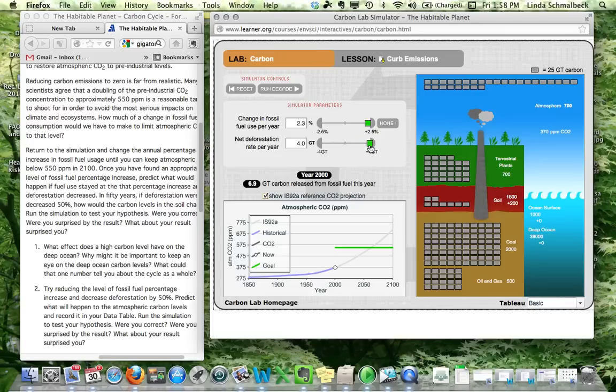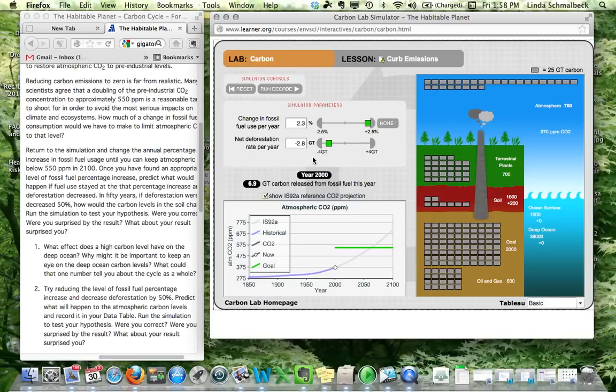So the more trees you cut down, the more carbon emissions there are. Whereas if you reduce the amount of deforestation, it shows up as a negative number. That means you're letting the trees stand. And so that reduces the number of gigatons that go into the atmosphere.